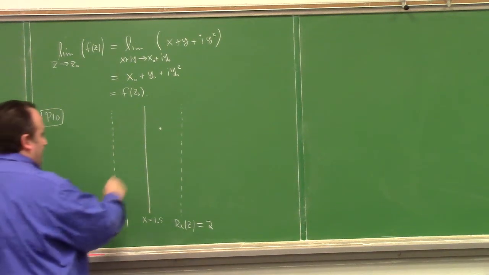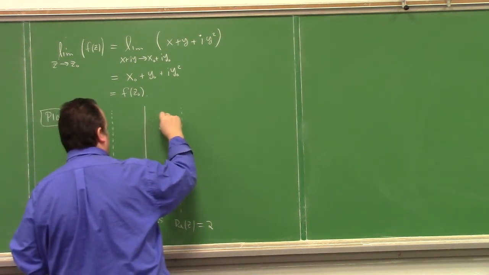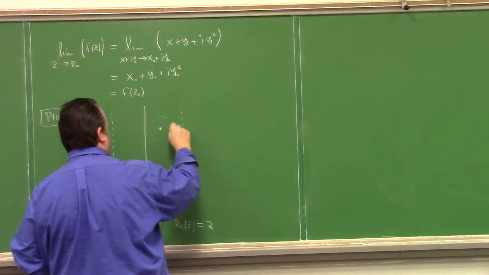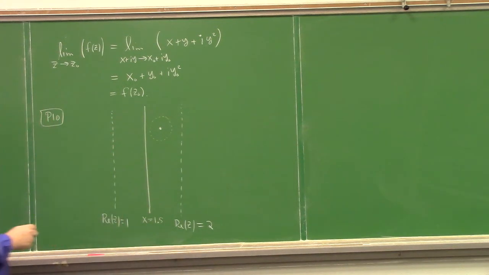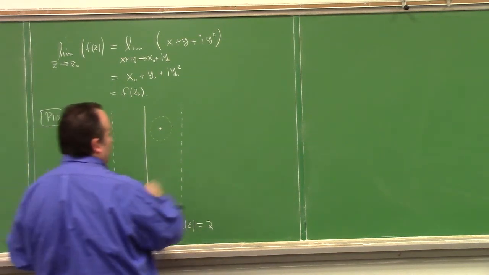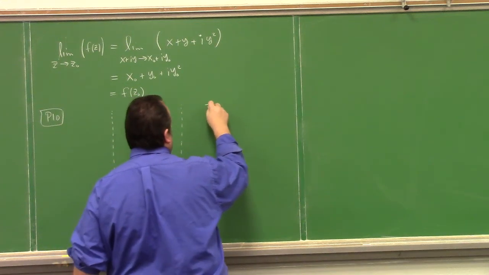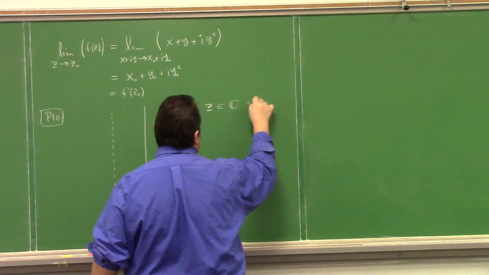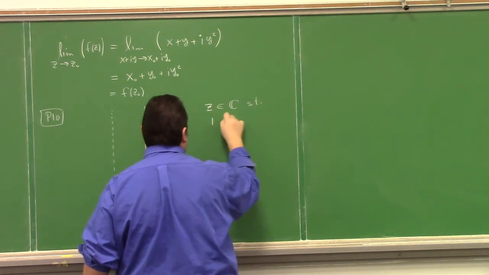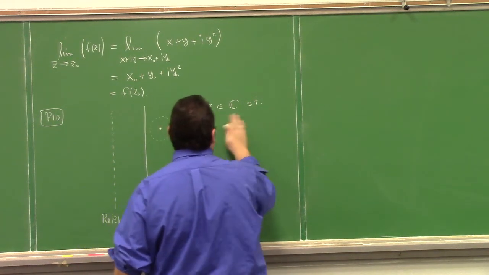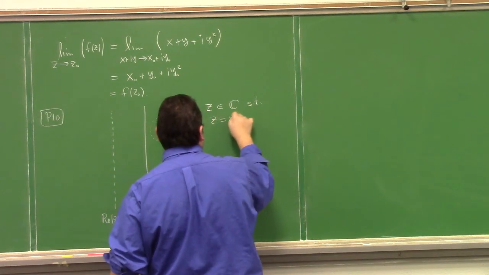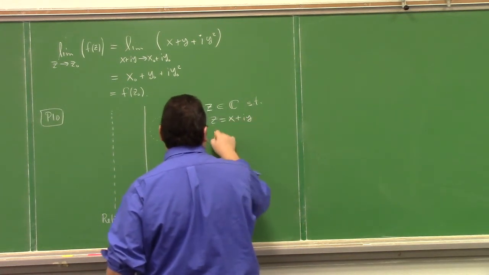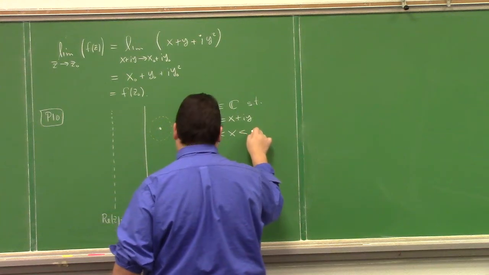What I was saying is you can pick an arbitrary point as close to the line as you like. Which line? There are two lines. Either one. So tell me what epsilon is. Given the distance between the point and the line, let's say z in the complex plane is such that 1 is less than the real part of z. Let's say z equals x plus iy. So you've got 1 less than x less than 2.